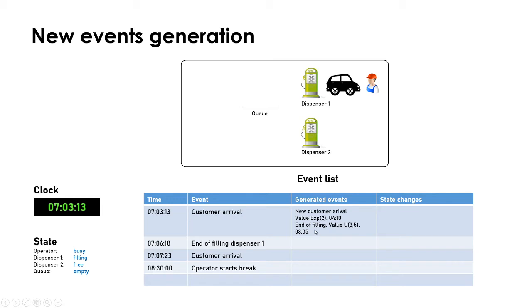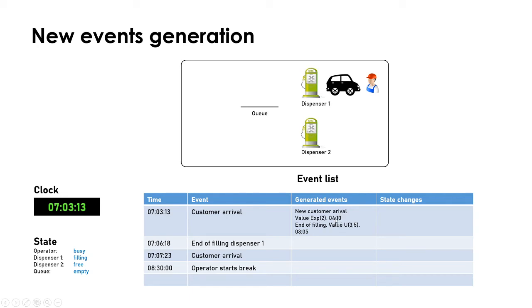So we have this value for the filling, which in this case is 3 minutes 5 seconds. And since we need to program the arrival of the second customer, we would generate another value following an exponential of 2 minutes on average, and that is this 4 minutes 10 seconds.